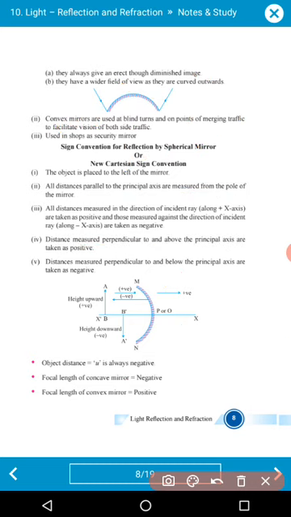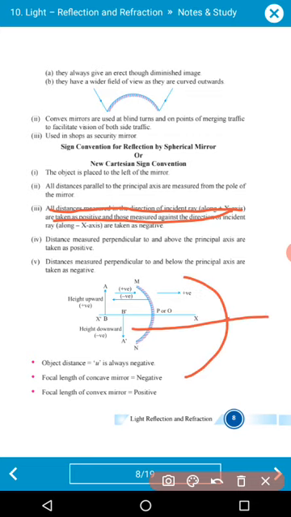Now all the distances measured in the direction of the incident ray along the x-axis are positive, and those against the direction of the incident ray are negative. Suppose this is a mirror, this is the principal axis and this is the pole point.